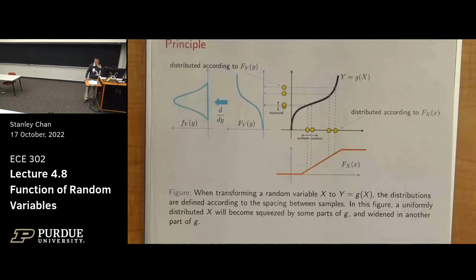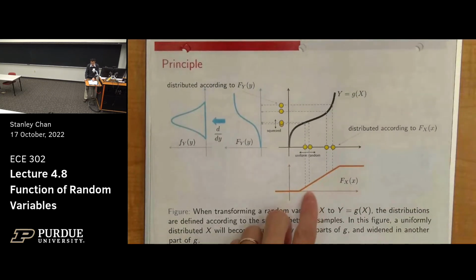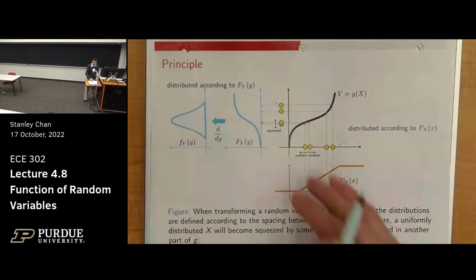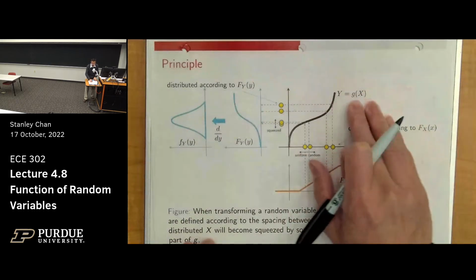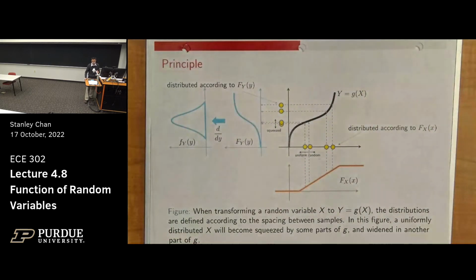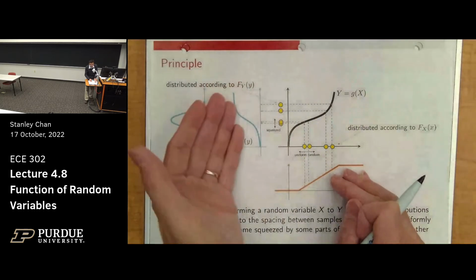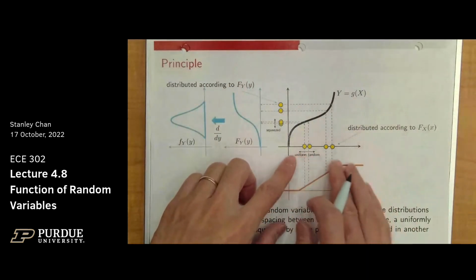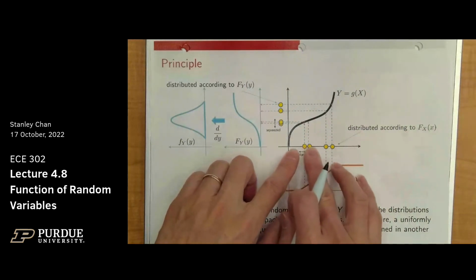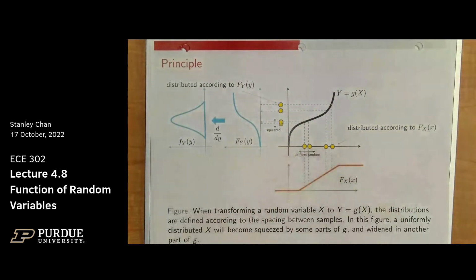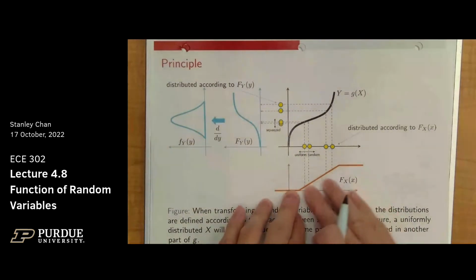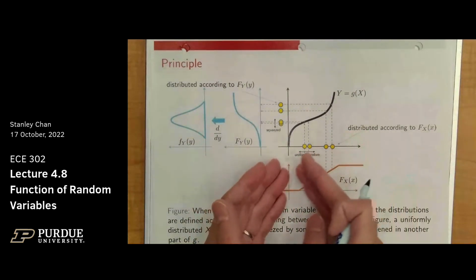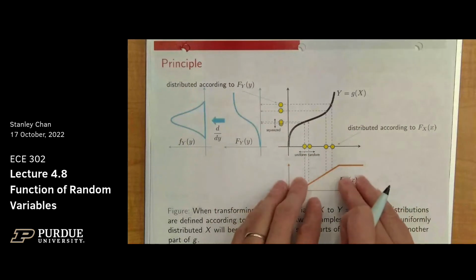Okay, so as you can see in these two examples, what we have been doing is that we always start with the CDF, and there is a mapping given by this G, and this mapping will map the CDF to the new CDF, where you can see that in the original CDF, all these random samples are uniformly spaced because in this case I'm looking at a uniform CDF here.